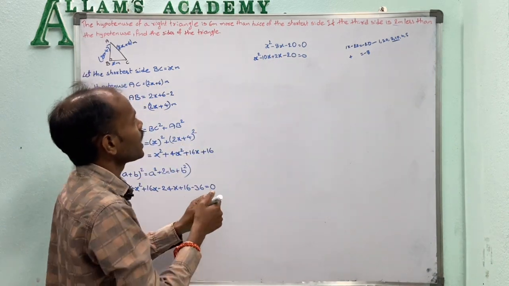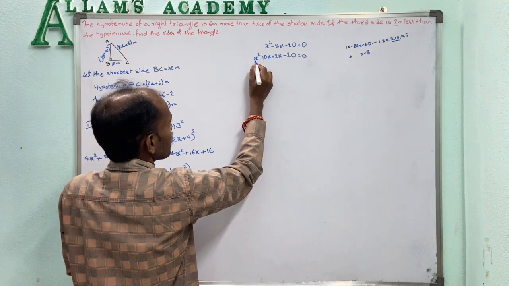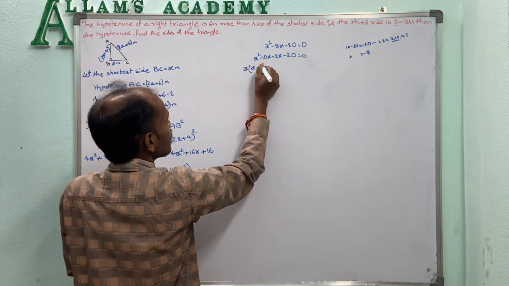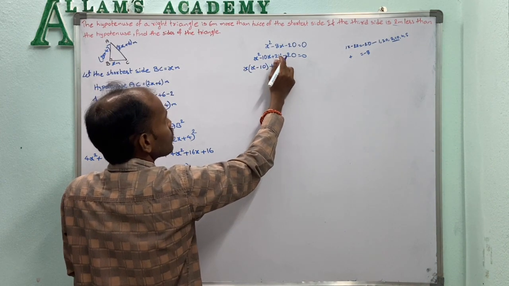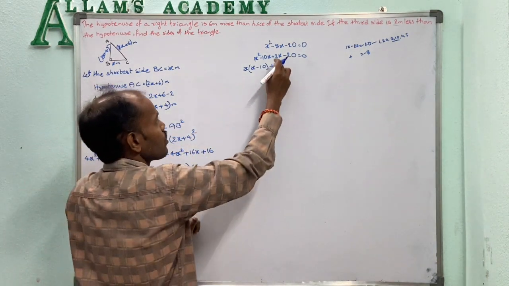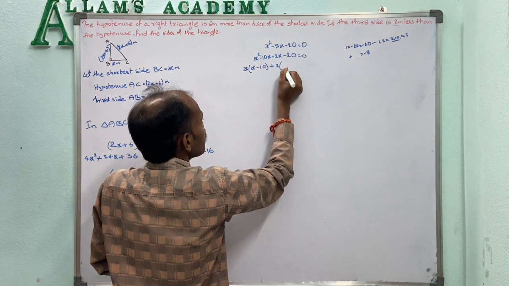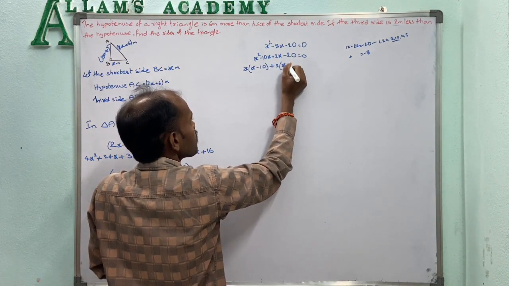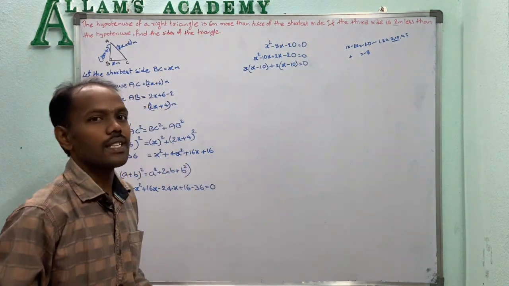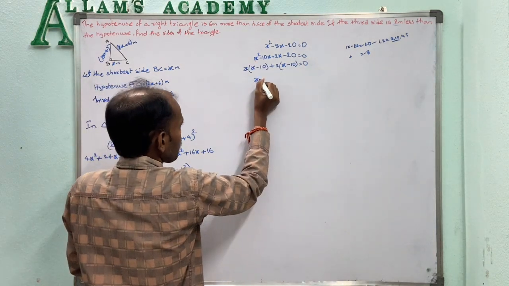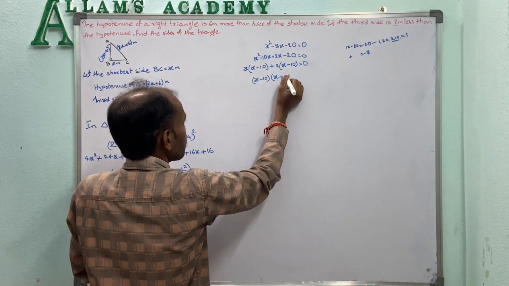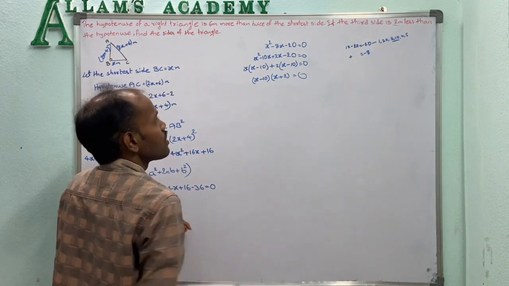Now in x square minus 10x, x is common, so taking x common means x into (x minus 10), and 2x minus 20 can be written as 2 into (x minus 10). So in this, 2 is common, taking 2 common gives 2 into (x minus 10). Now in both, x minus 10 is the common factor. So taking x minus 10 common, remaining are x and 2, equal to 0.